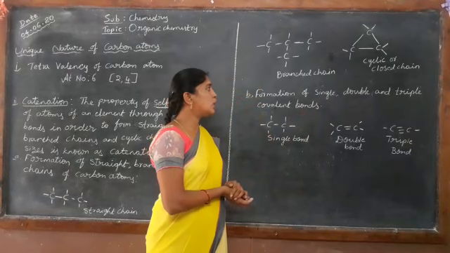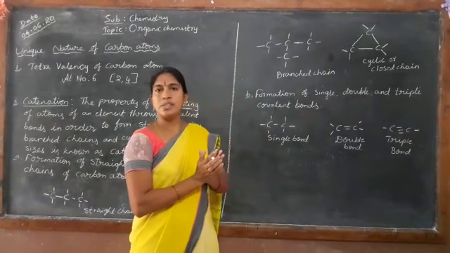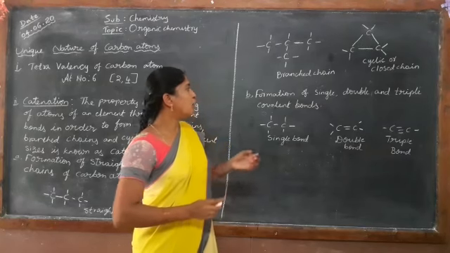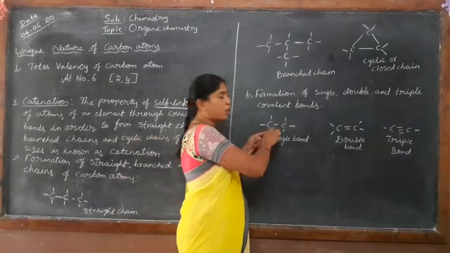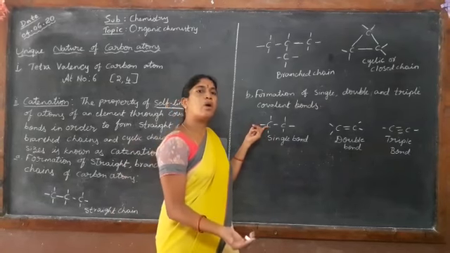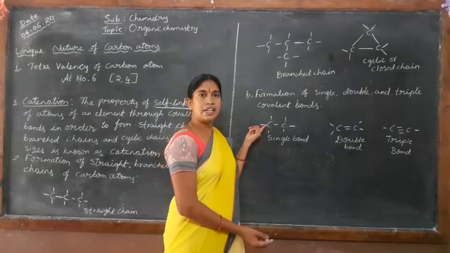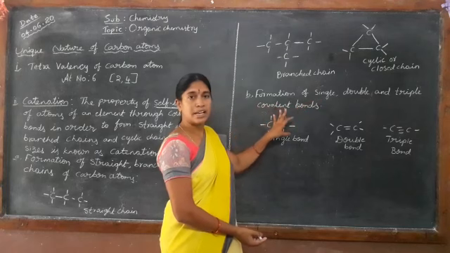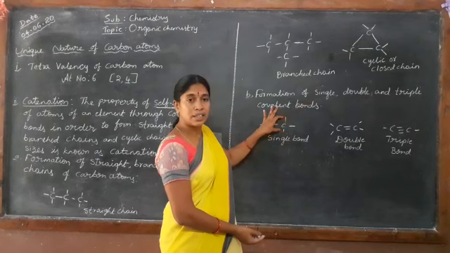What is a single covalent bond? First of all, we have already discussed that a covalent bond is sharing of electrons. So the carbon is ready to share 4 electrons with another carbon atom.